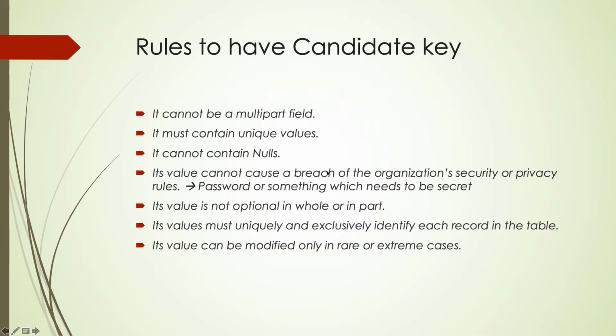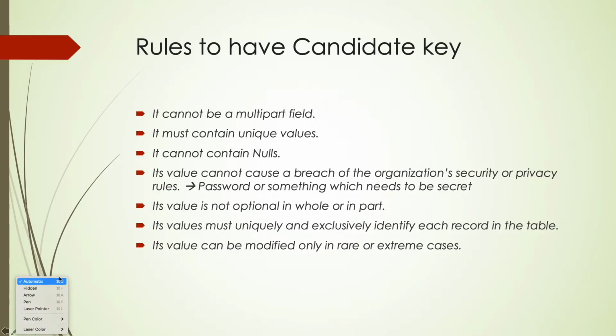Let's discuss the rules which need to be met so that we can consider a key or field as a candidate key. It should not be a multi-part field, because in such a case there will be fields separated by a comma or pipe separator or something.